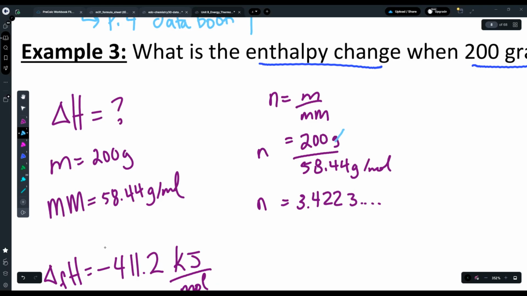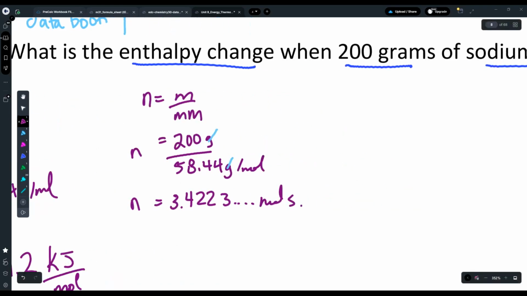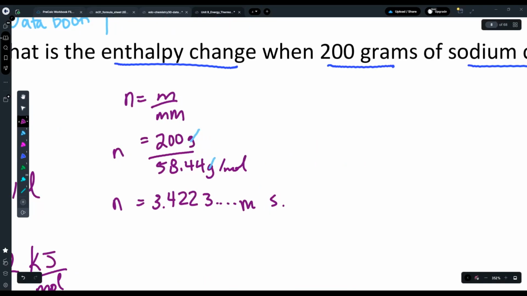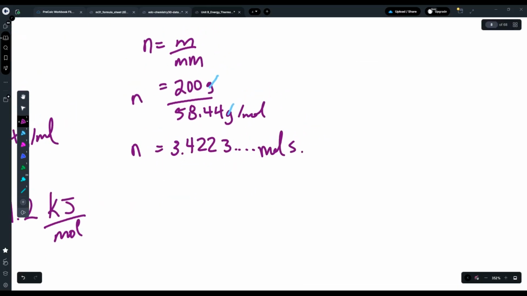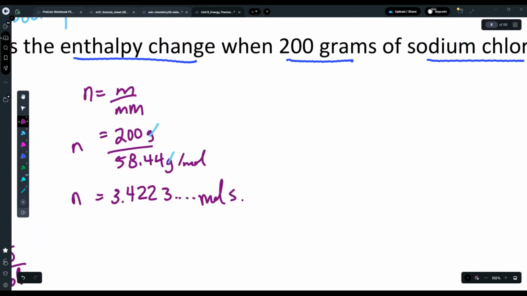Grams was on the top and the bottom, they cancel out. We're left with moles. Okay, so that's step 1.